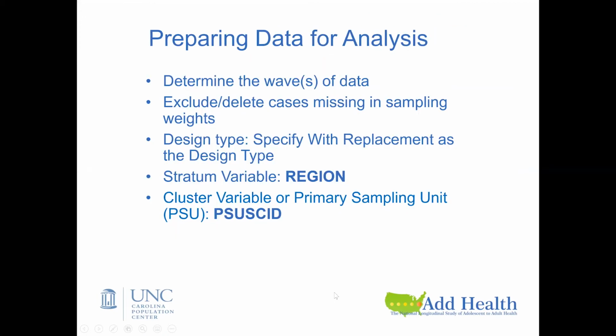Okay, I'm going to wrap up here with a couple of very simple examples. When you prepare your files, you want to first determine the waves of data you're using, exclude the missing cases and sampling weights. You want to specify your design type. The most common is with replacement. The stratum variable that I mentioned is called region, and the cluster variable is the PSU, SCID, school ID.